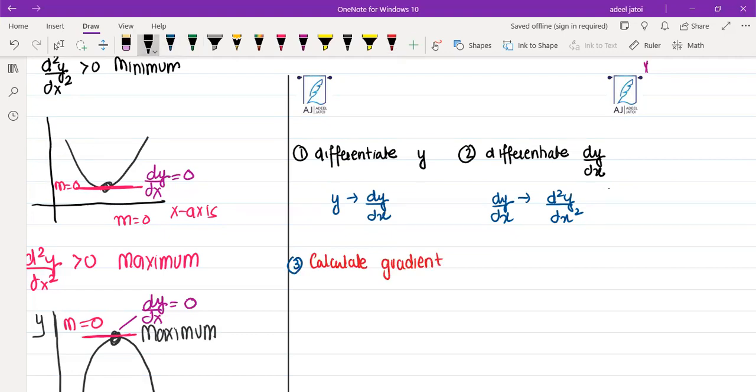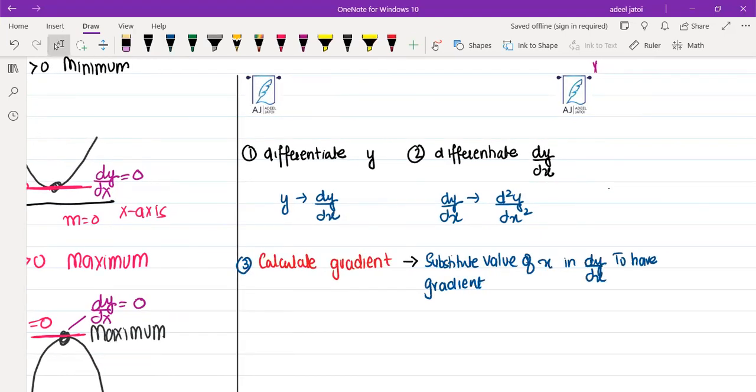In this case, substitute the value of x in dy upon dx to have the gradient. Substitute the value of x in dy upon dx to have the gradient.